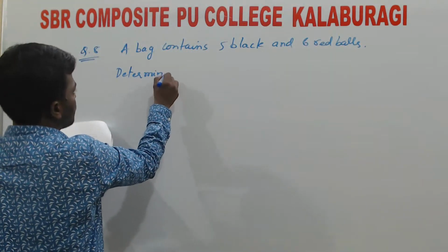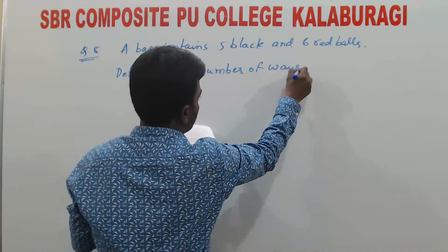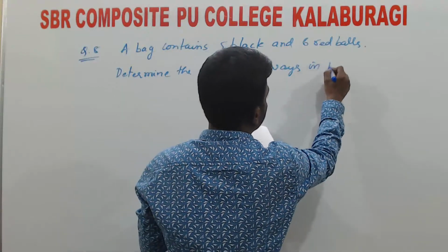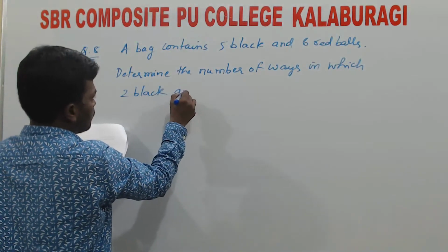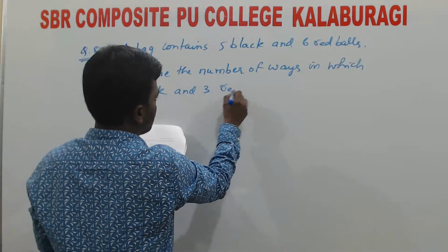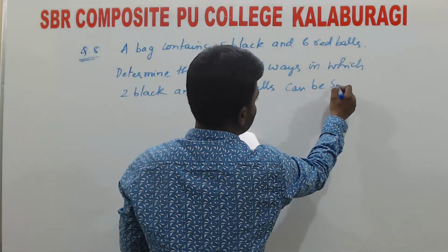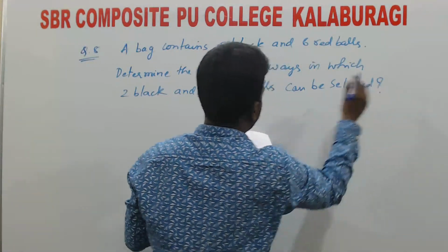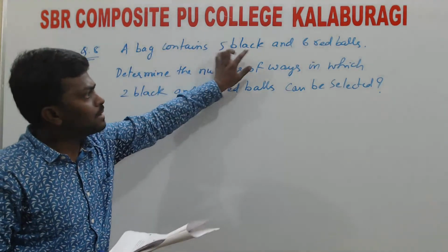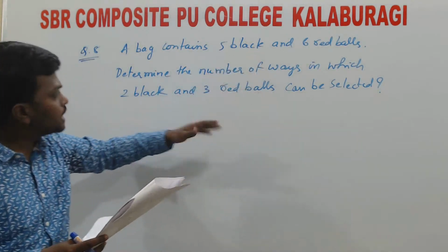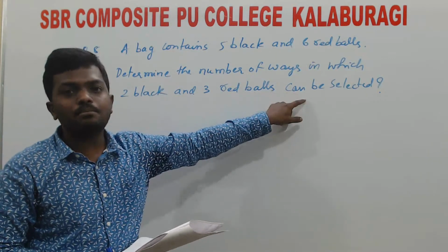Determine the number of ways in which 2 black and 3 red balls can be selected. The question is, a bag contains 5 black and 6 red balls. So determine the number of ways in which 2 black and 3 red balls can be selected.